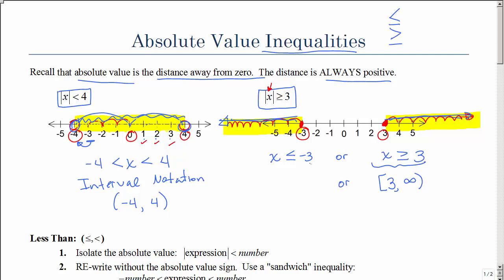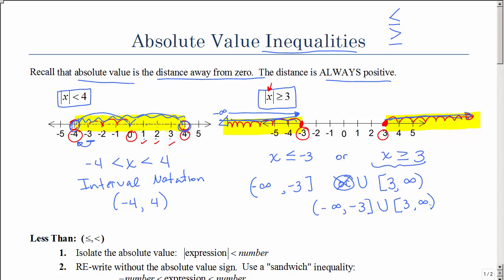This part would have a bracket at negative 3, and yes, I'm kind of writing it backwards, and we kind of start out to infinity, so from left to right, negative infinity all the way to negative 3. And we can replace that word or with a U that stands for the union. So we have negative infinity to negative 3, union 3 to infinity.